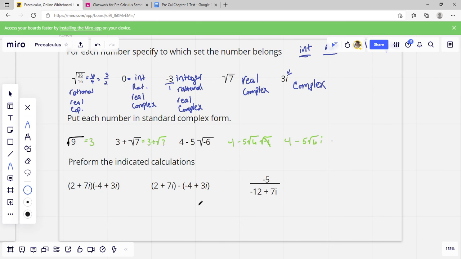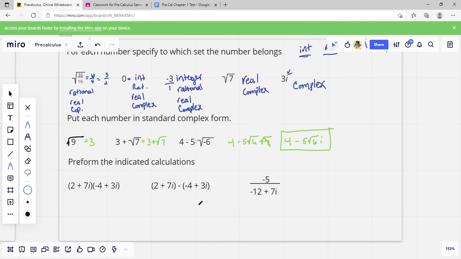So that would be square root of 6i. Let's see. All right, so that one, yeah, we can't simplify any further than that. So 4 minus 5 times the square root of 6i, and that's as far as it'll go. So there's that one. All we did was pull out that imaginary number i from there.